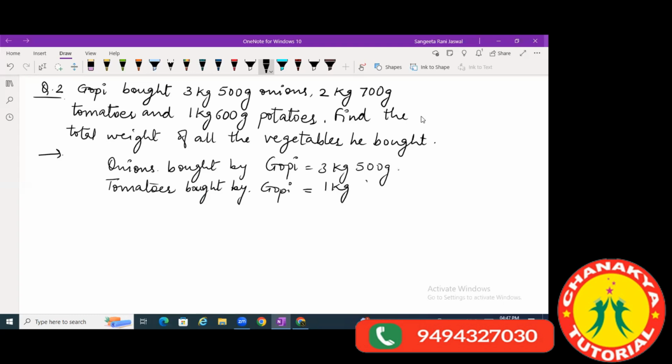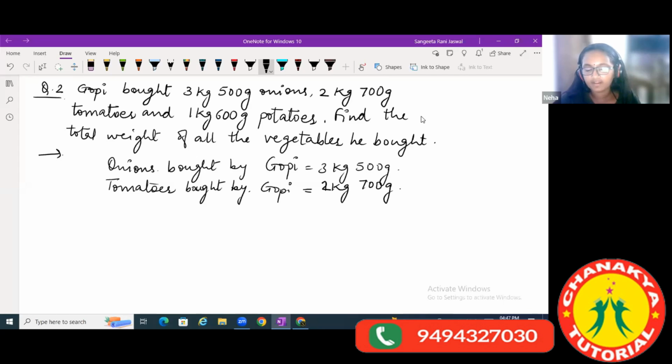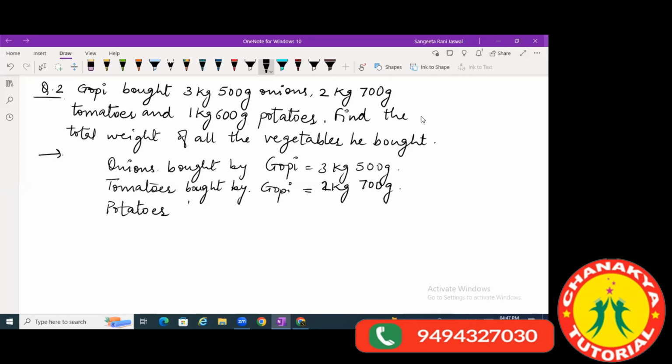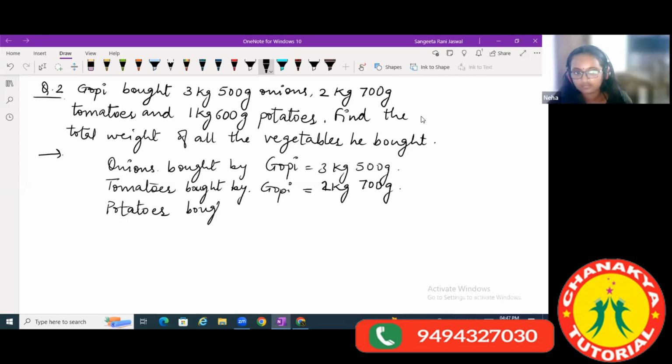Okay. Neha, you tell me what is the next statement? Potatoes bought by Gopi is equal to 1 kg 600 grams.